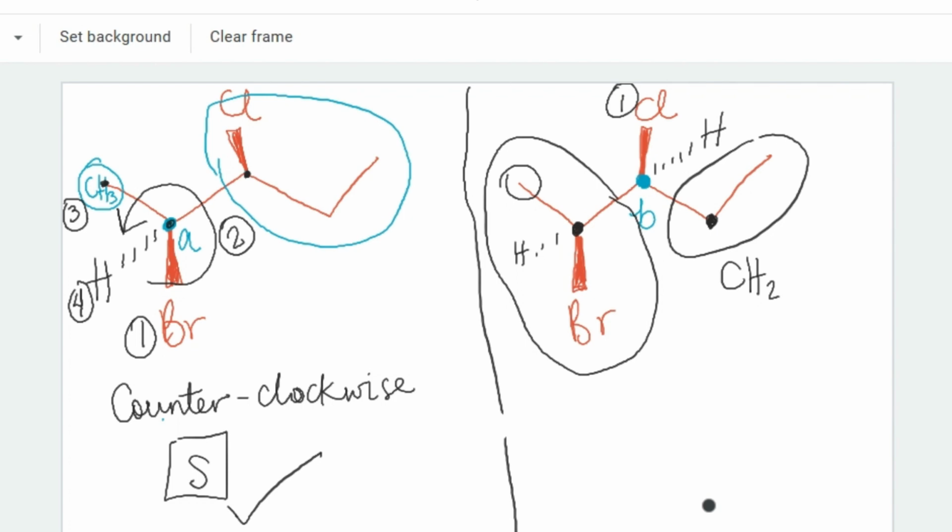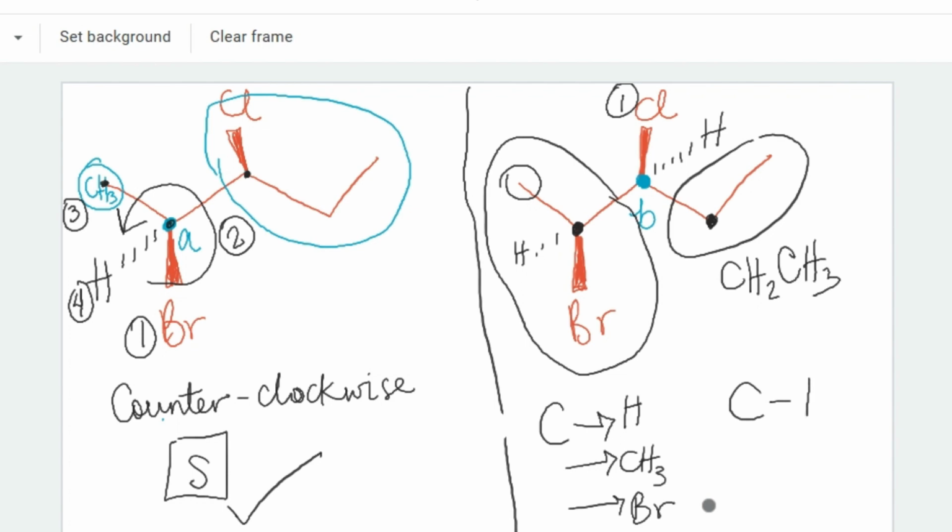It's attached to two hydrogens, so this whole thing is ethyl, CH2CH3, while this one right here, the carbon is attached to hydrogen, is also attached to a CH3 group, and is also attached to a bromine, while this one here, the carbon here, is just attached to one hydrogen, another hydrogen, and then another CH3 group.